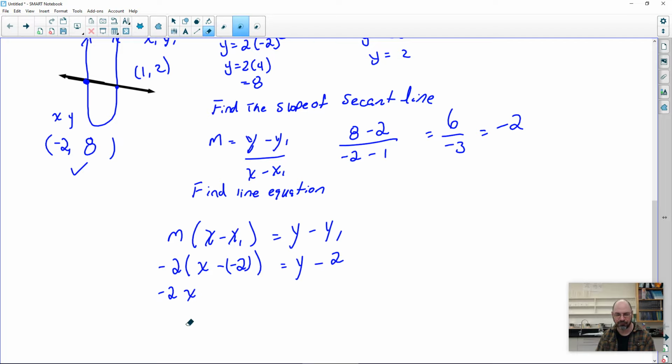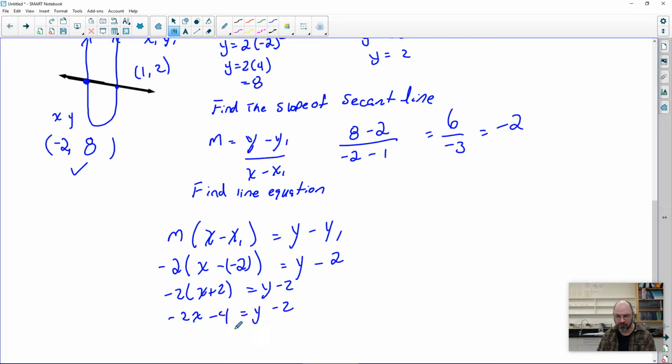I should do this step by step so I don't make a sign error, which can happen. So we've got negative 2 times x plus 2 equals y minus 8. Then negative 2x minus 4 equals y minus 8.